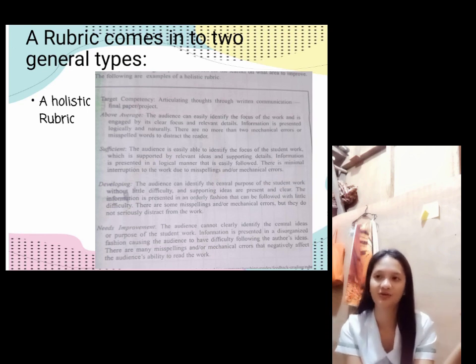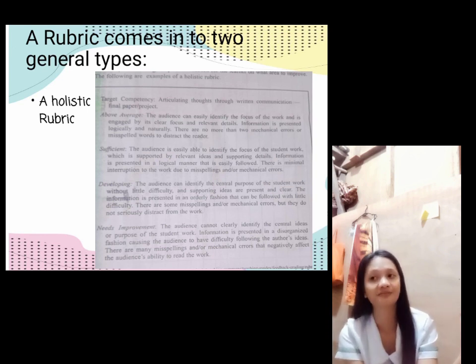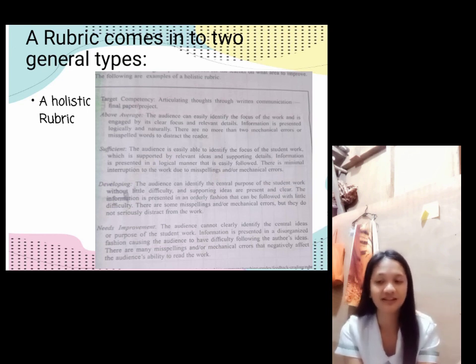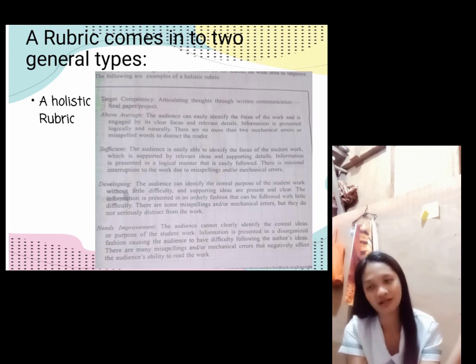And now I'm going to show you the example of a holistic rubric. So as you observe, there are target competency, above average, sufficient, developing, needs improvement. So those are an example of a holistic rubric.